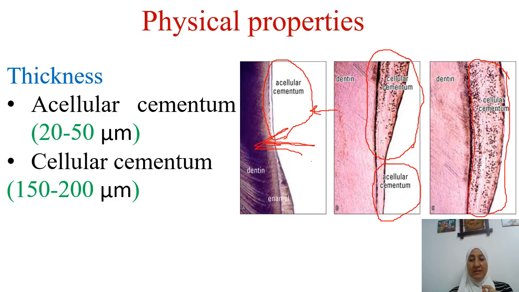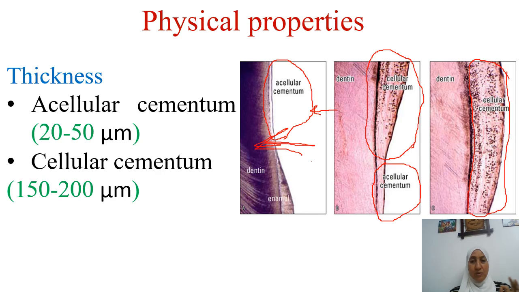Cellular cementum means that multiple formative cells are entrapped inside the cementum, exactly as in bone, meaning that the cementoblasts that formed this layer are entrapped inside the formed matrix, forming cementocytes.